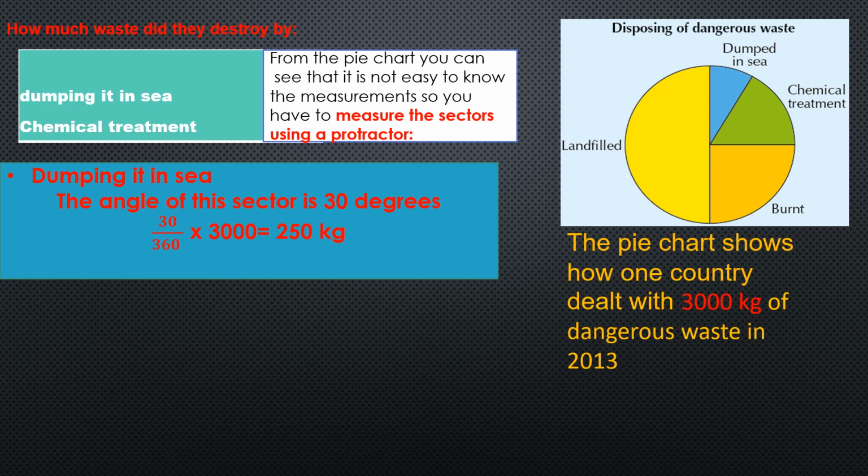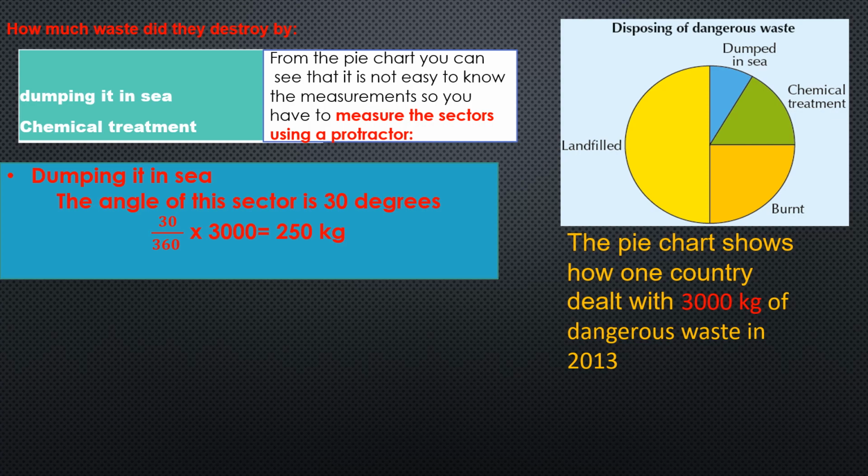As I said before, you can write fractions as decimals, or you can simplify. But when you have a repeated decimal, don't write it as repeated. It's better to write it as simplification. 30 over 360 times 3000 is 250 kilograms.